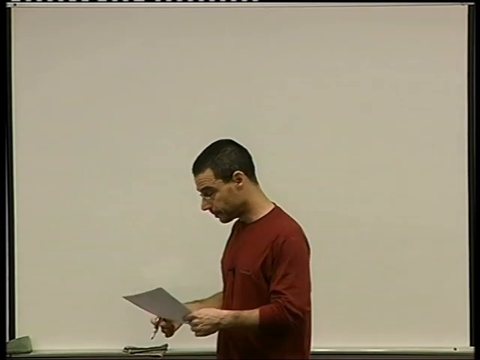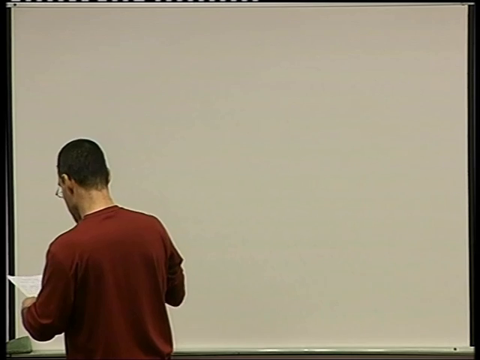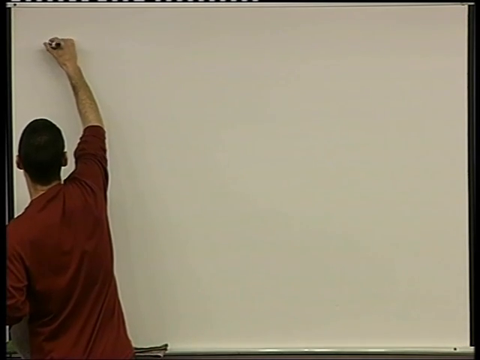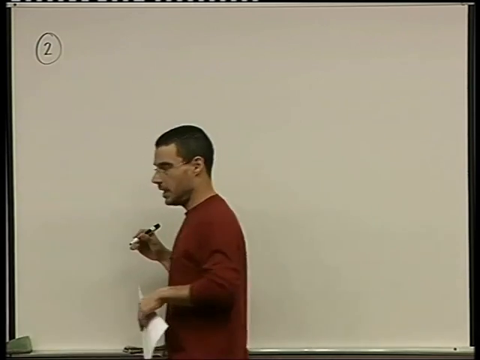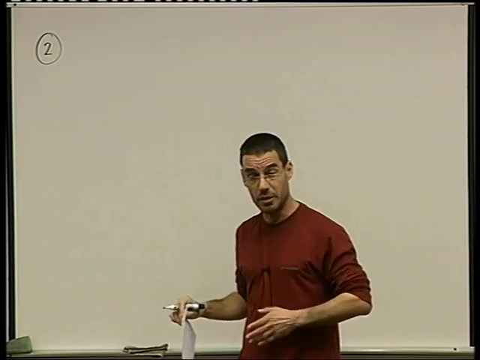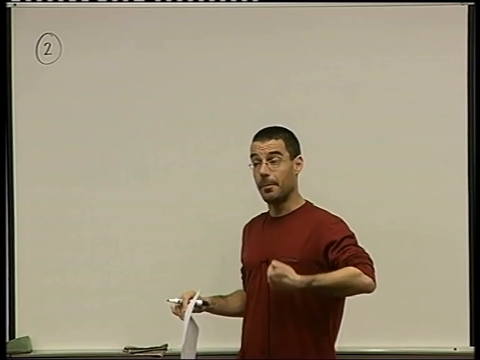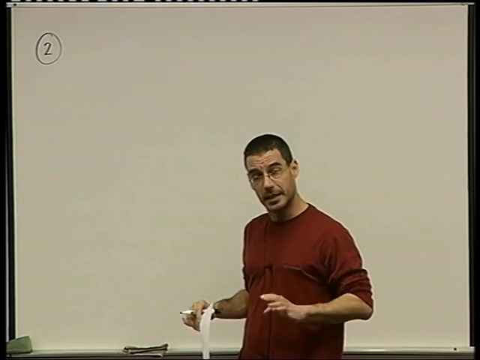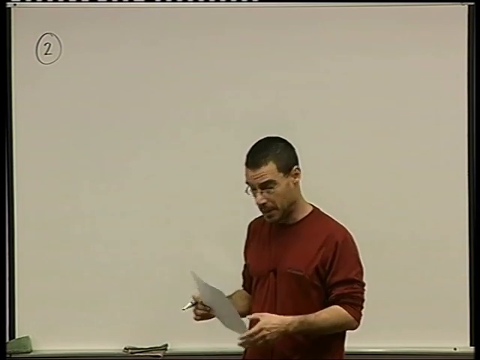Okay, so part two, the claim is that if A was not just any random collection of n vectors in W, but a basis for W, and T is defined as such, then it's a one-to-one and onto linear transformation.